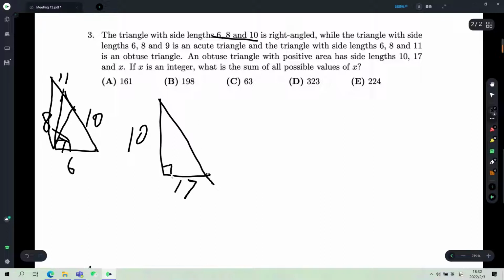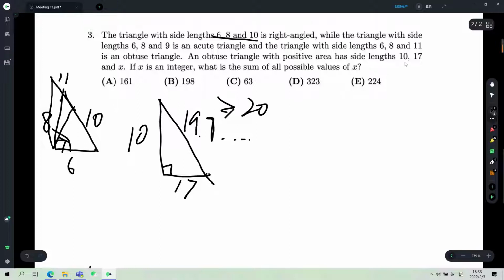We can first assume this to be the right angle, and by the Pythagorean theorem, we can know that the longest side should be 19.7-ish. So in order for it to be an obtuse triangle, it should be greater than 19.7. So it should be greater than or equal to 20.